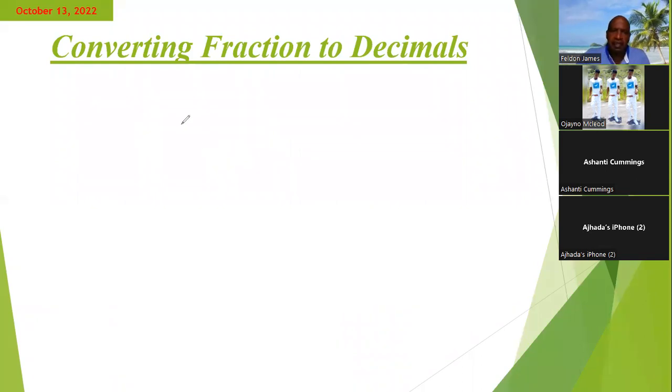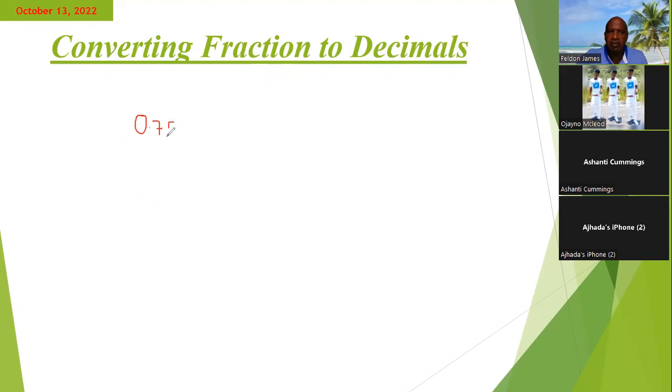Yes, sir. Let us look at some conversions of decimals to fractions. Say, for instance, we are given the number 0.75, and you are told to convert this to a fraction.